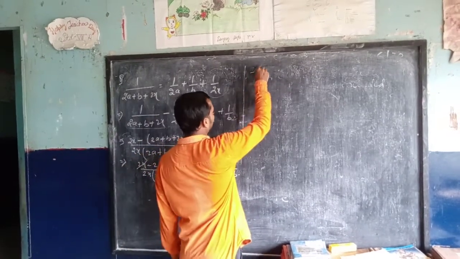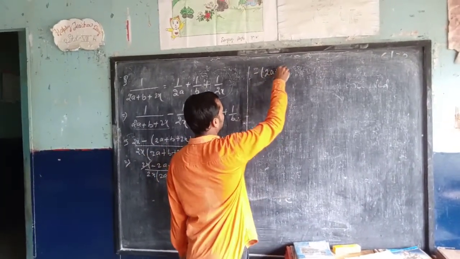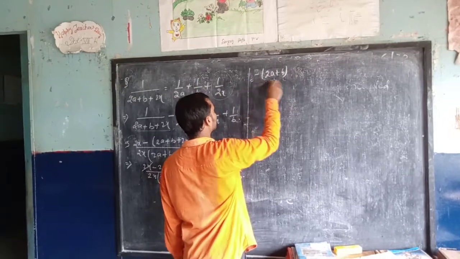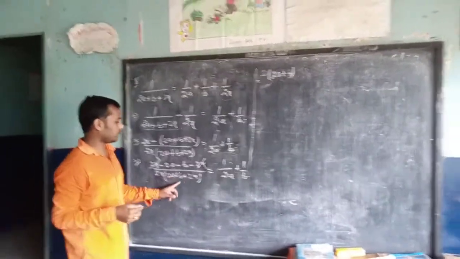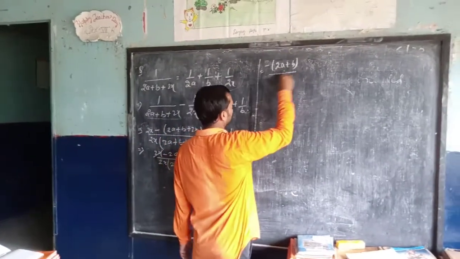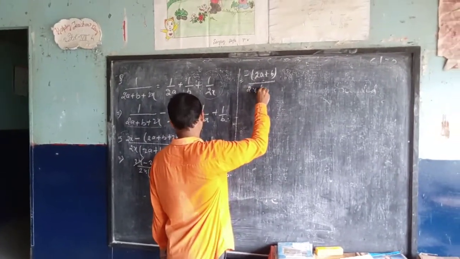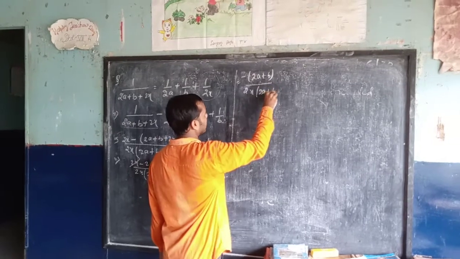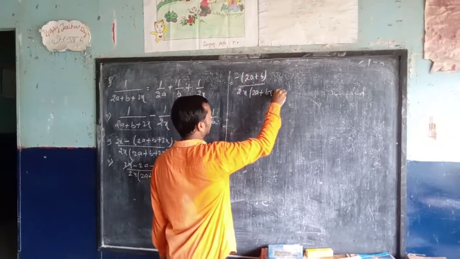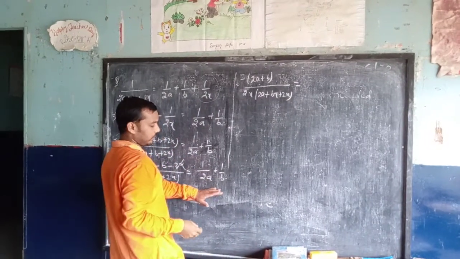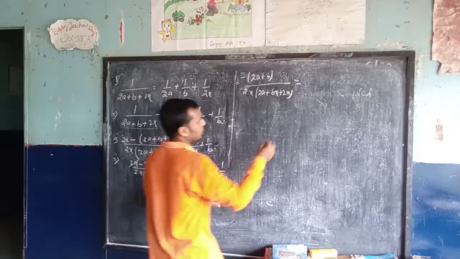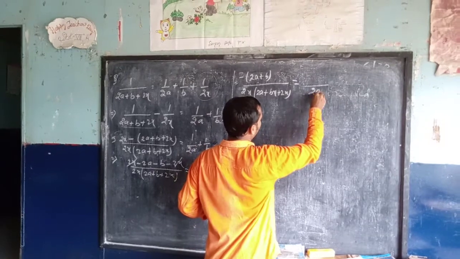So you will have minus, and the denominator is (2a plus b plus 2x) equal to, take the LCM of this term also. We will have 2ab.